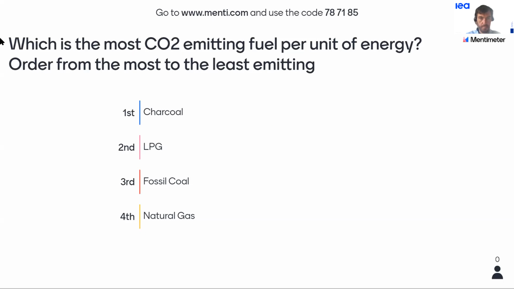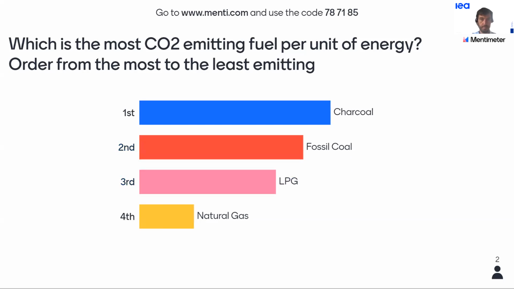Let's try just to order them depending on how much they will emit for unit energy. This takes a bit more time because we have to select. So we have some answers again.